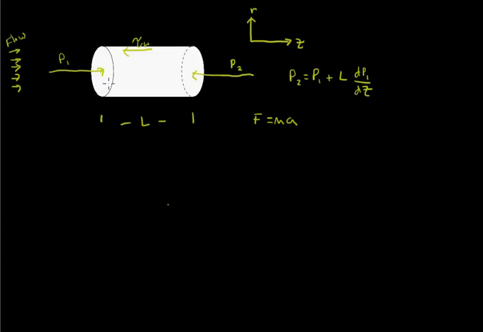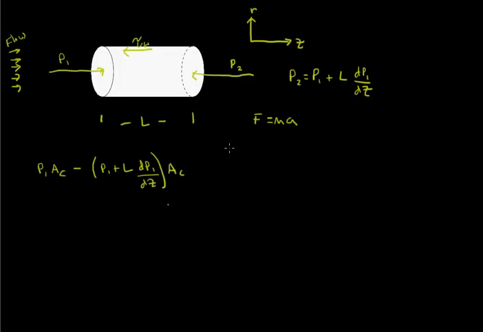So we have our pressure force acting on the left hand side here, so that's P1 times the cross-sectional area, which is just, I'm going to do A sub C, and then we're going to subtract from that the P2 times the cross-sectional area, but I'm going to sub in our Taylor series expansion definition, so minus P1 plus L times dP1 dz, and multiply that by the cross-sectional area.